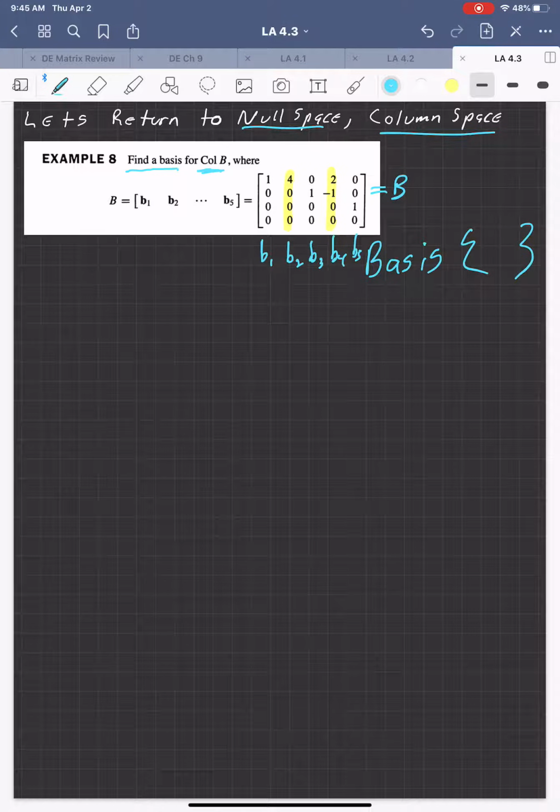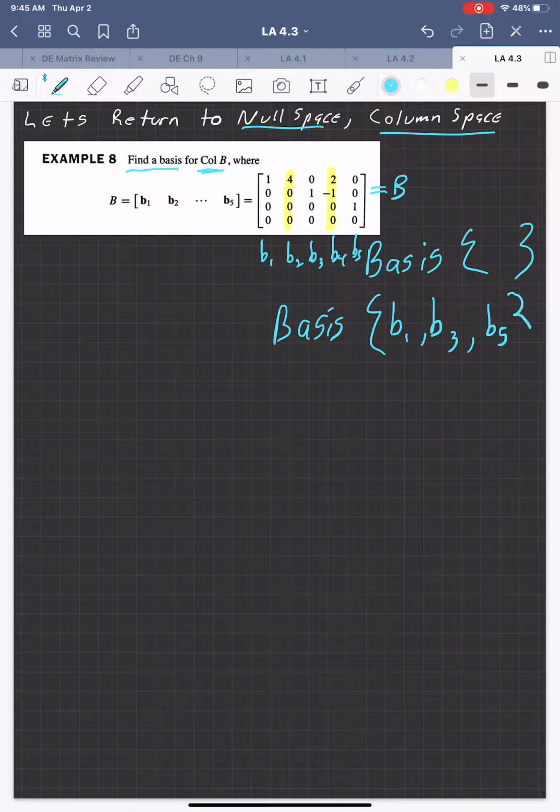So what is the basis? Quite simply, it's B sub 1, B sub 3, and B sub 5. With those three vectors, I can reach all of the column space. Those three serve as a basis.